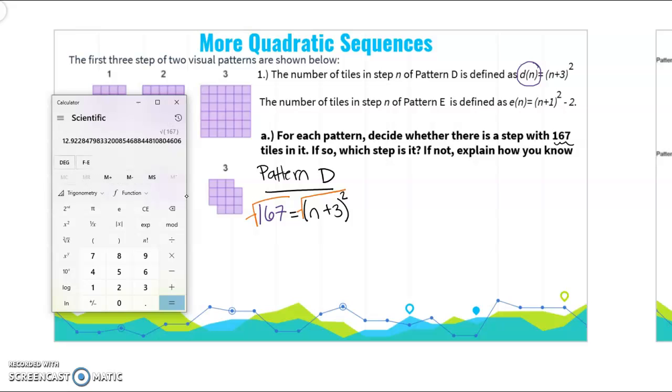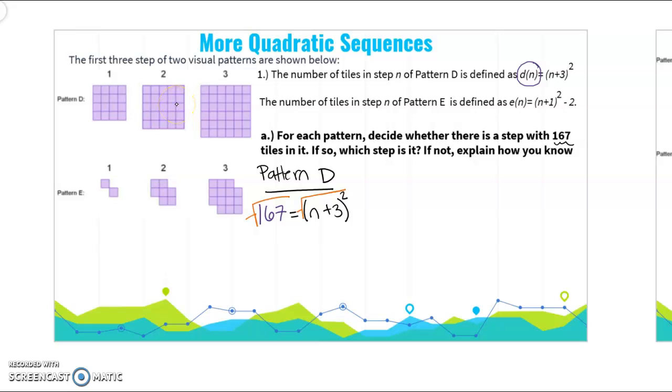I definitely do not want to write this, so I'm going to leave it as plus or minus the square root of 167. Remember, when we square root, we put the plus or minus in front to show that my answer could be positive or negative.